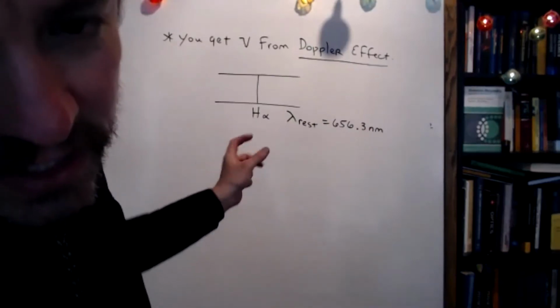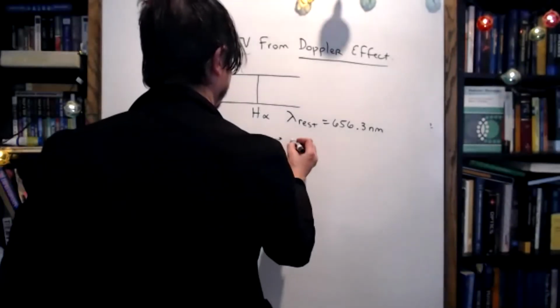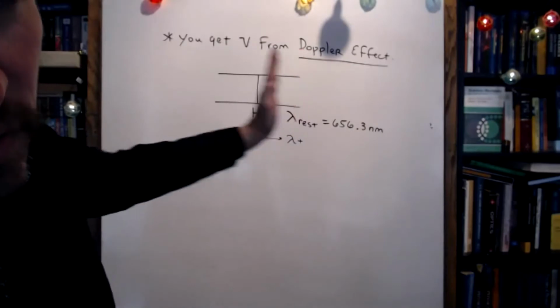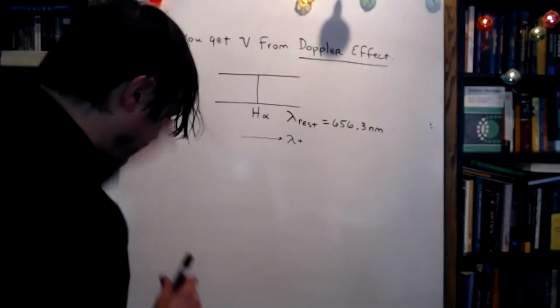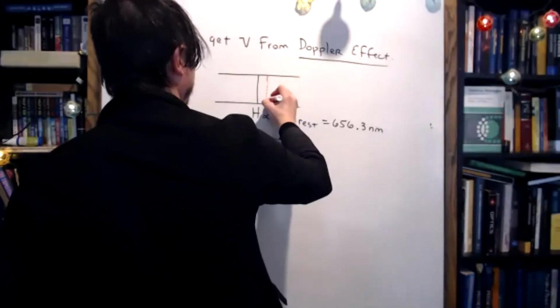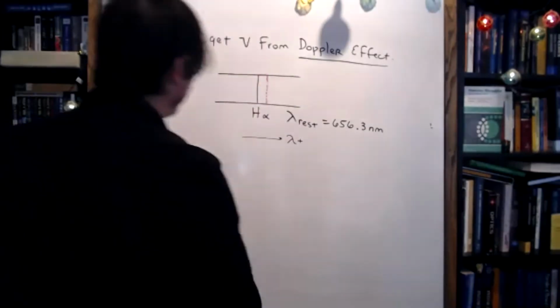During the Doppler effect, so we'll say that wavelength increases to the right here, okay? It can experience a red shift or a blue shift, a longer or a shorter wavelength. This will be the red shifted wavelength.